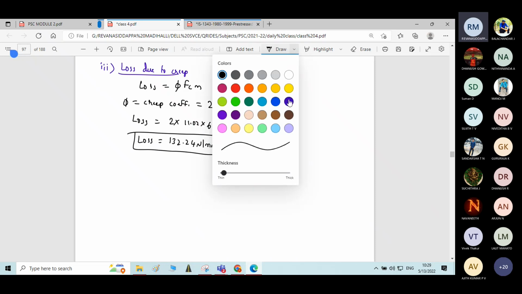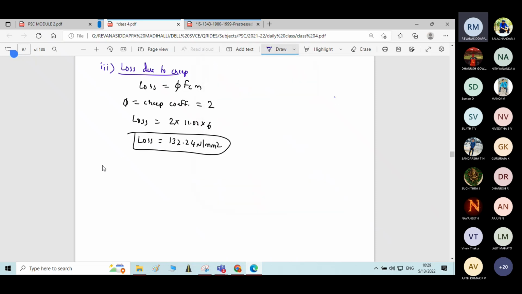Then any other type of losses that will come in a pre-tension concrete beam? Loss due to relaxation of stress in steel.